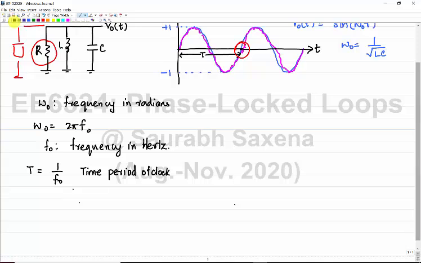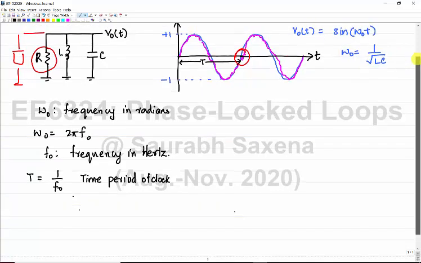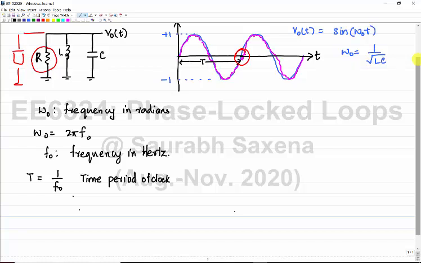Okay, so in case of a clock, what is more important for us is not the amplitude. The important part is when my clock crosses zero. If we are looking at the rising edge, then it's going from minus to plus, or plus to minus.